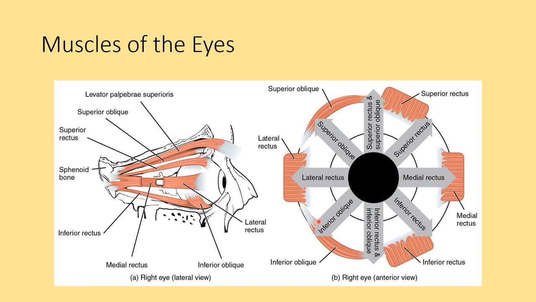So if this is very strong, this one's weaker, it's going to be pulling the eye towards the medial aspect. And that's when an individual would have lazy eye. There is corrective surgery that can be done where they can actually go in and shorten one of the muscles to help pull the eye back in alignment.